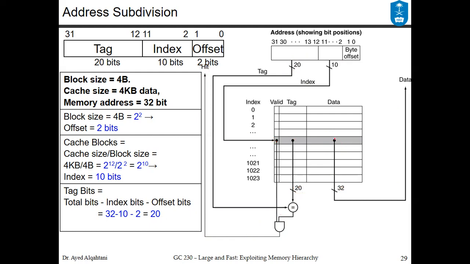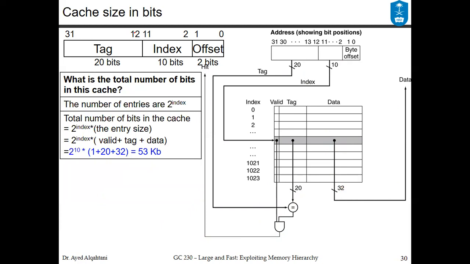Now, if you were asked the cache size in bits, how many bits are inside this implementation? You say that you have 2 to the power of 10 different entries, and each one of them has 1 valid bit, plus a 20-bit tag, plus 32 bits of data.